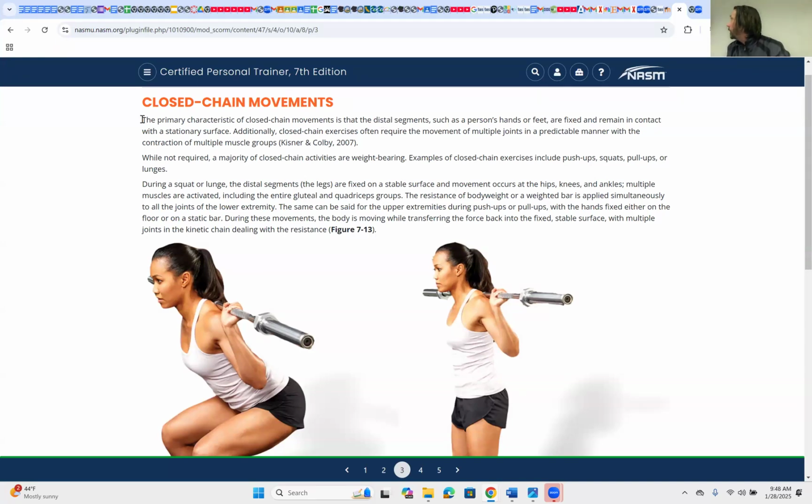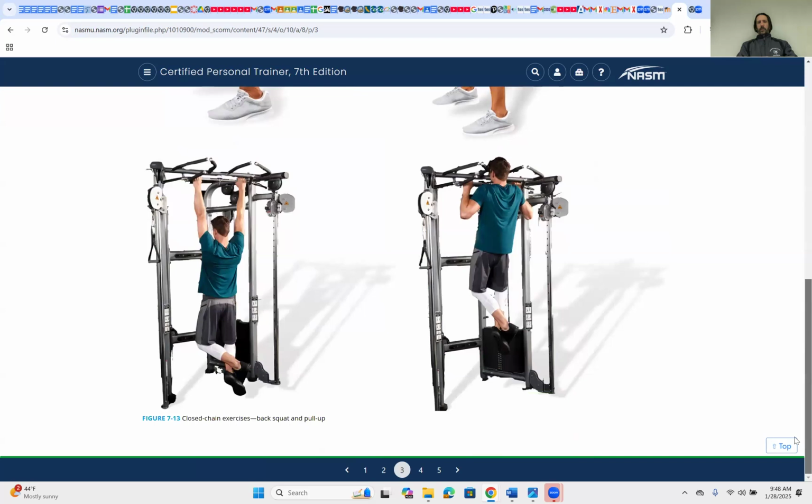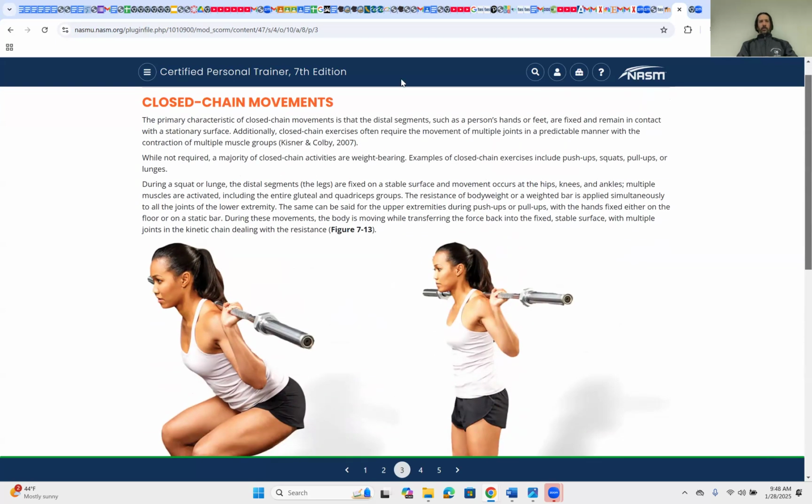Right above here. I'll read it out. I'll have to figure out a way to expand this. Closed chain, I think it's maybe here actually.